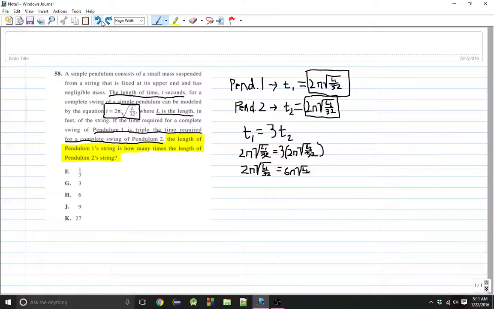Okay. So now that we've got that, we can tell that the pi's can cancel out. And we're left with 2 root L1 over 32 equals 6 root L2 over 32.